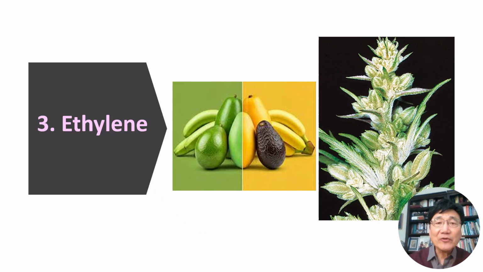The third plant hormone is ethylene. Ethylene is commonly known as a hormone that regulates fruit ripening, stress response, and aging. However, it has a somewhat different function in cannabis. Let's find out about these in the next slide.